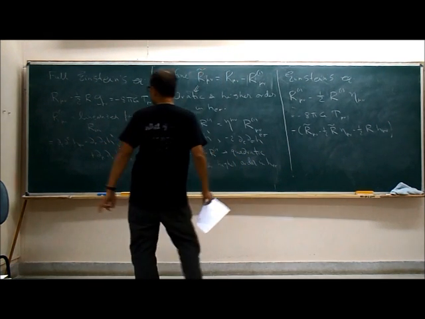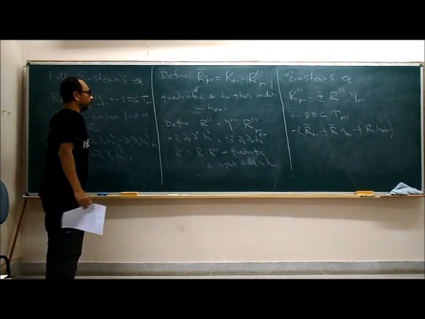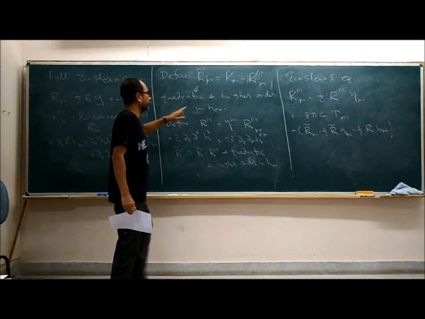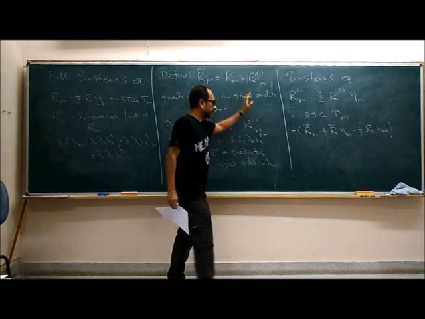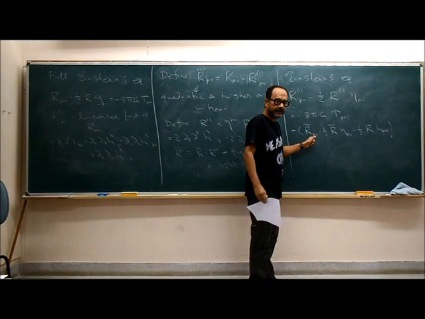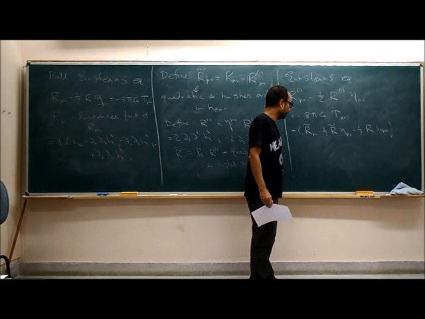R mu nu I wrote as R1 mu nu plus R tilde mu nu. Then R tilde has come on the right hand side. That's why it's minus R tilde mu nu.